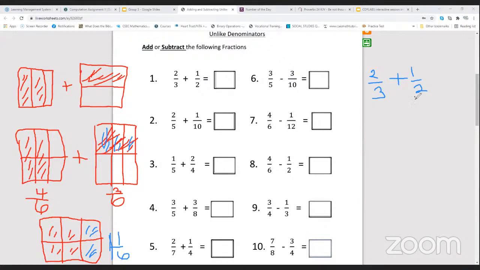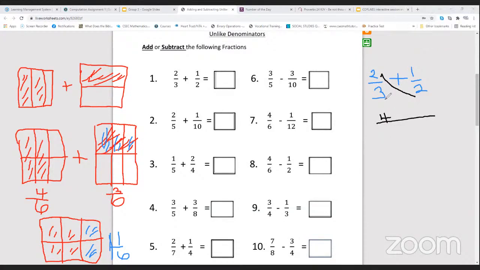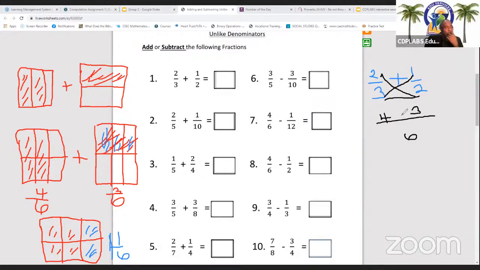You can multiply 2 times 2 and draw a line here. 2 times 2 is 4. 3 times 1 is 3. And 3 times 2 is 6. And then you add what's at the top, get 7 over 6.